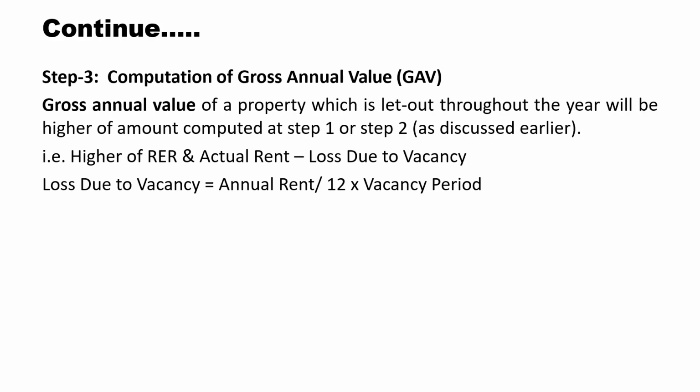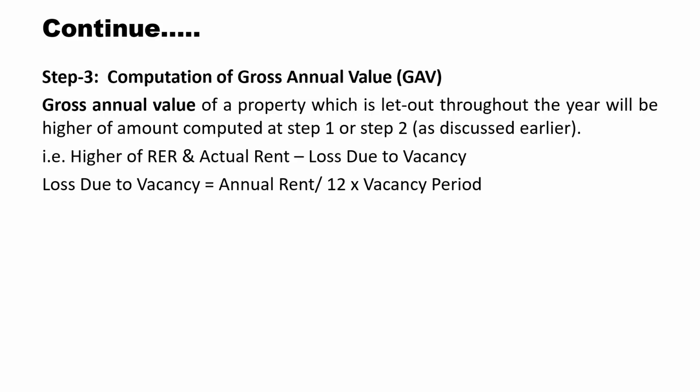So therefore in step number 2, what do we get here? Actual rent. Now under step number 3, you have to compute the gross annual value. So gross annual value will be the higher of the reasonable expected rent and actual rent, minus loss due to vacancy. The highest value from the reasonable expected rent and actual rent minus loss due to vacancy will be your gross annual value.